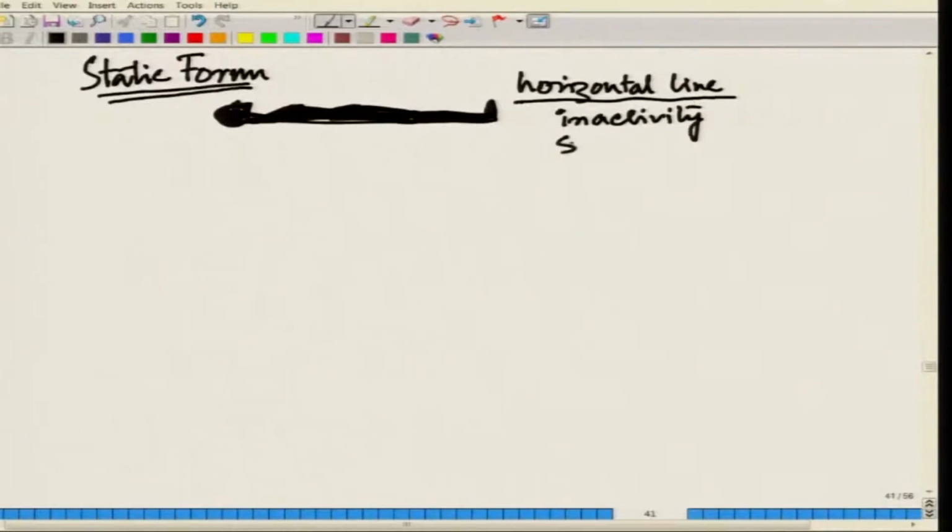It is sleeping. So, it has to first get up to move. So, a horizontal line is calm, inactive.